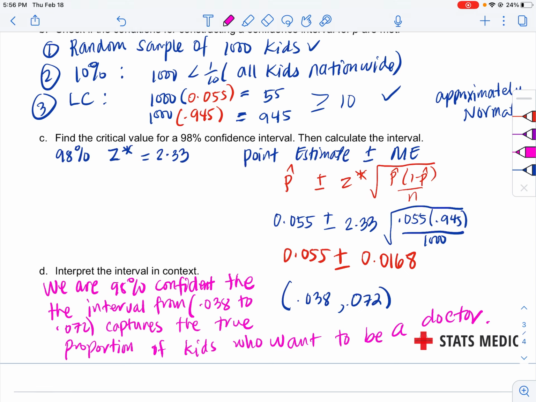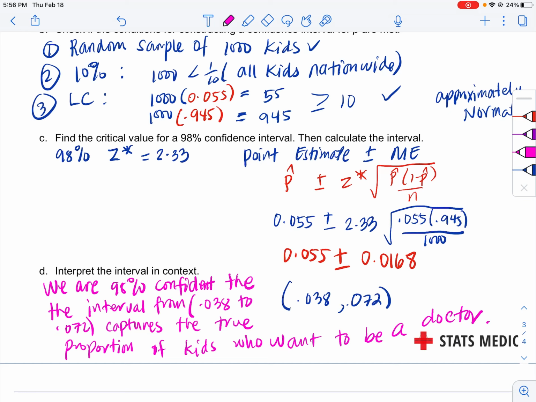So every time you are solving for a confidence interval, do not forget to check for 3 different kinds of conditions. First, you need to make sure that it was a random sample, so that we can generalize the result to the whole population.